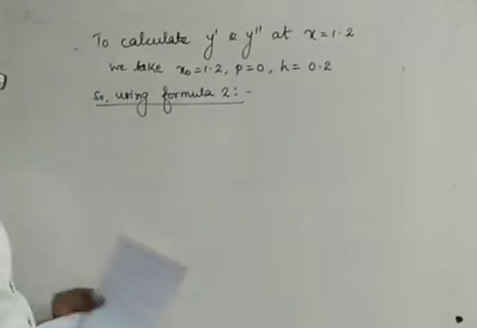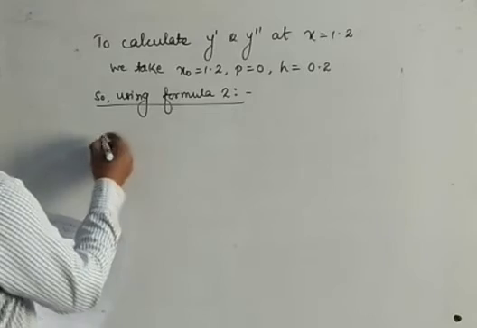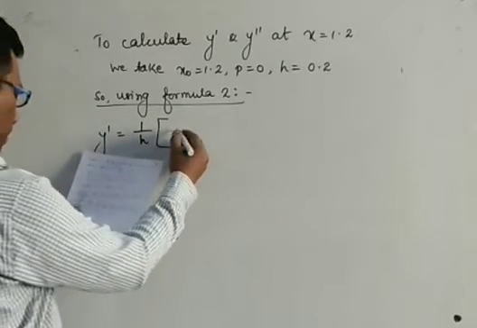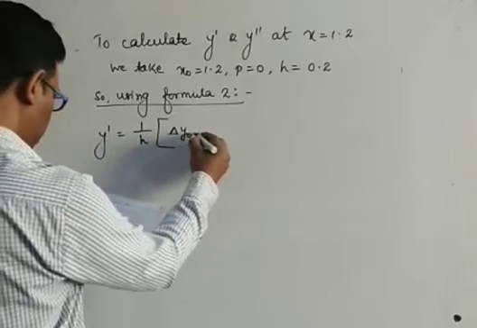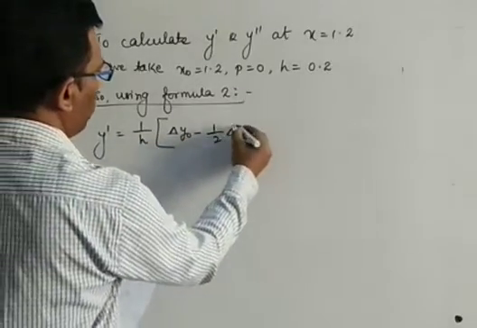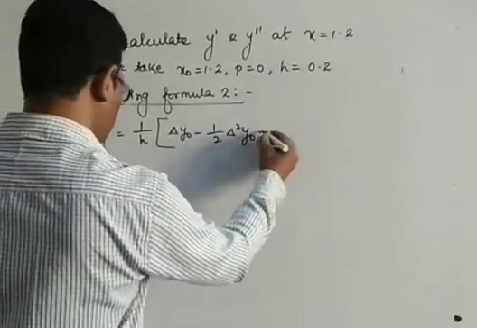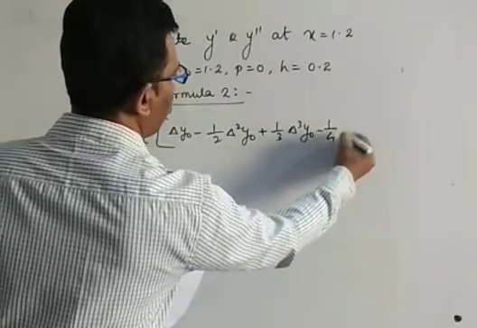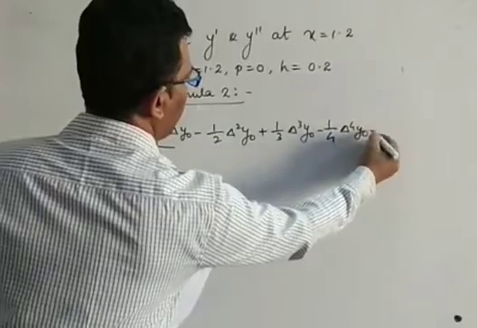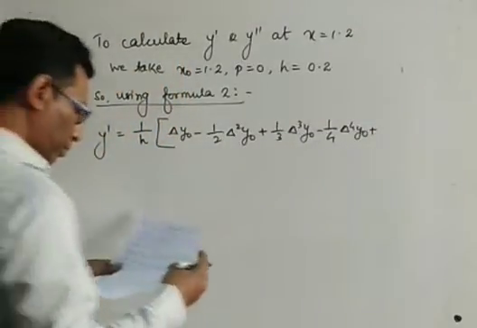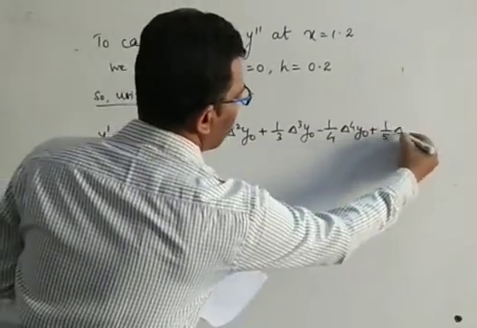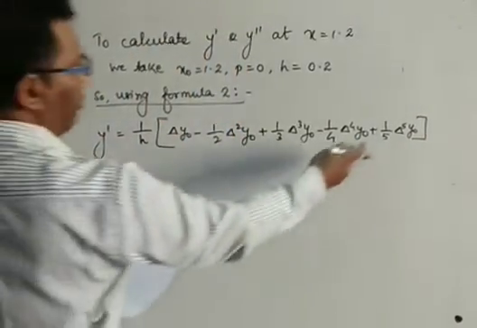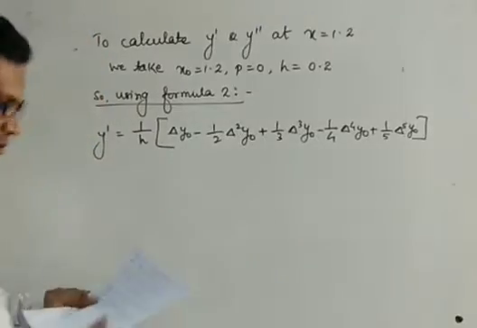So using formula 2 to calculate the first derivative, that is y dash equals 1 by h [delta y0 minus 1 by 2 delta square y0 plus 1 by 3 delta cube y0 minus 1 by 4 delta 4 y0 plus 1 by 5 delta 5 y0], as we have values up to delta 5 y0.